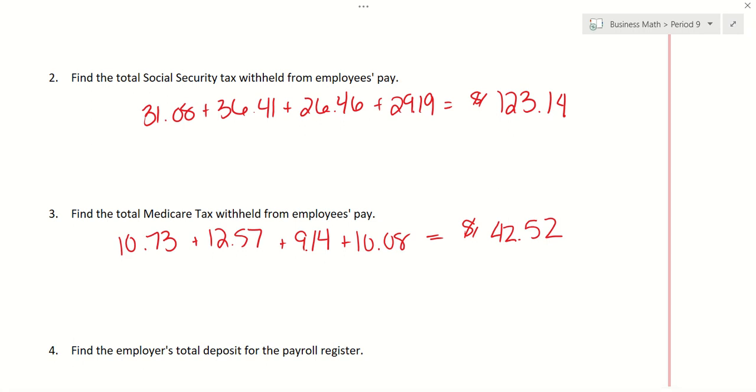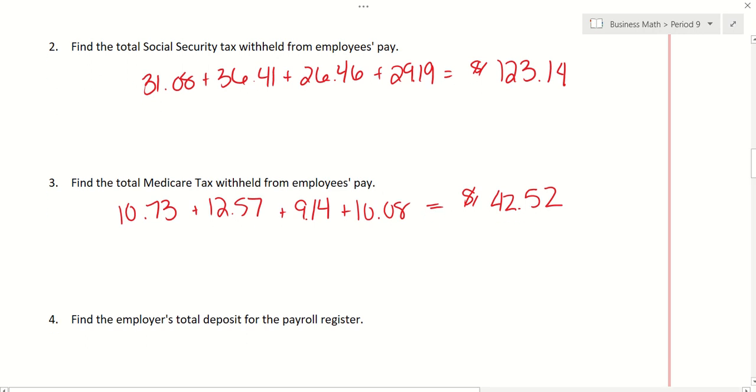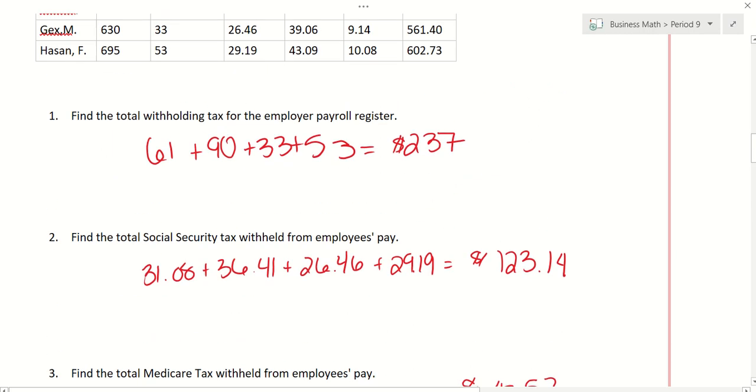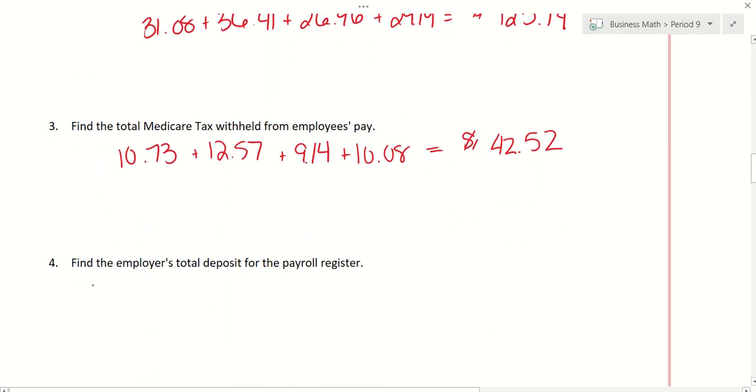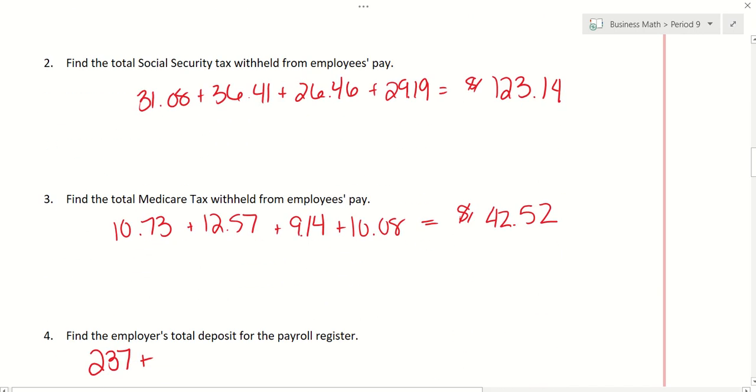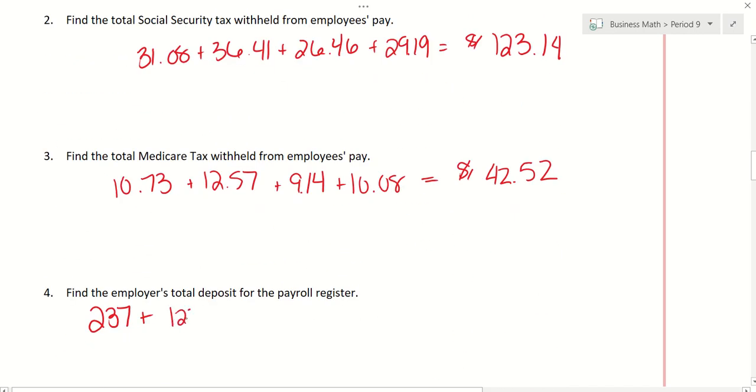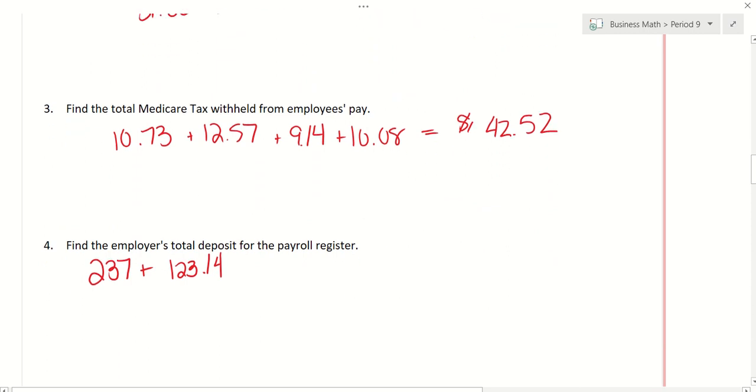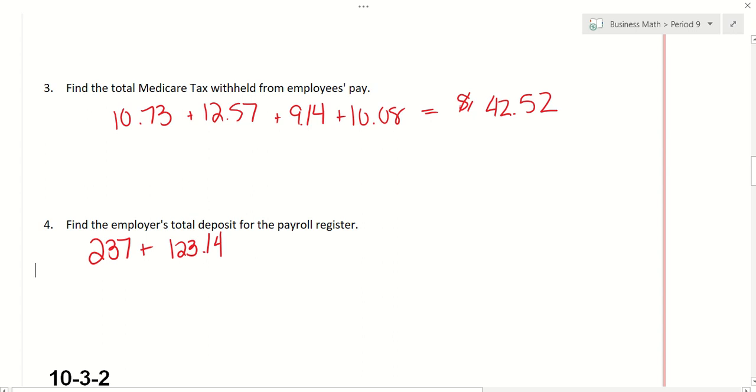Now it says find the employer's total deposit for this payroll register. We must think about all the ones we found so far. We found the 237. We found the 123.14. We found the 42.52.